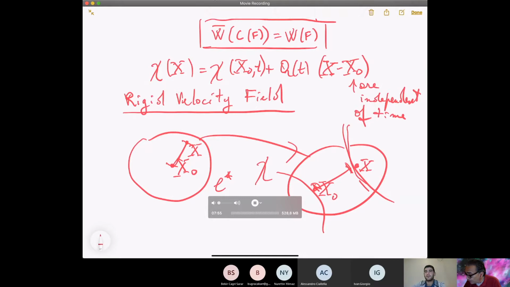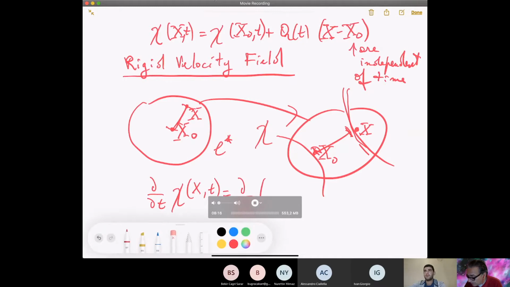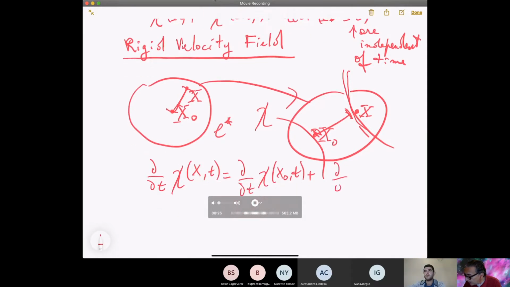So we calculate the time derivative d over dt. Of course, here you have a time dependence. d over dt of chi of X. This is equal to d over dt of chi of X0, t plus d over dt of Q of t.